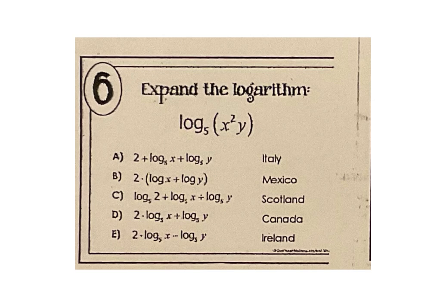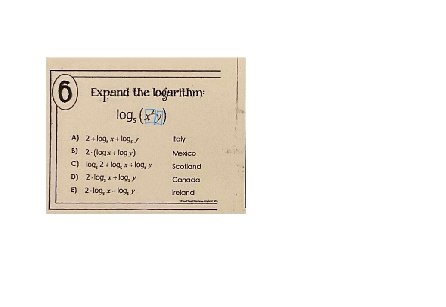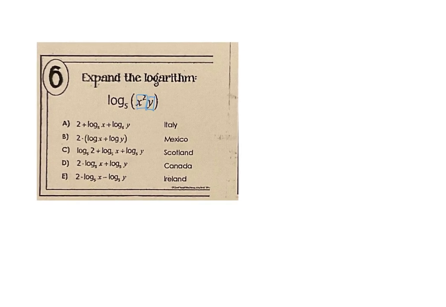Okay, this one says expand this logarithm. So what we need to remember is that these two numbers are separate and they can be separated. So how do we separate them? Well, we have to ask ourselves, what are they doing to each other currently? And they are multiplying. So we learned in our properties that if two logs are equal in base and are separated by a plus sign, that we can multiply them.